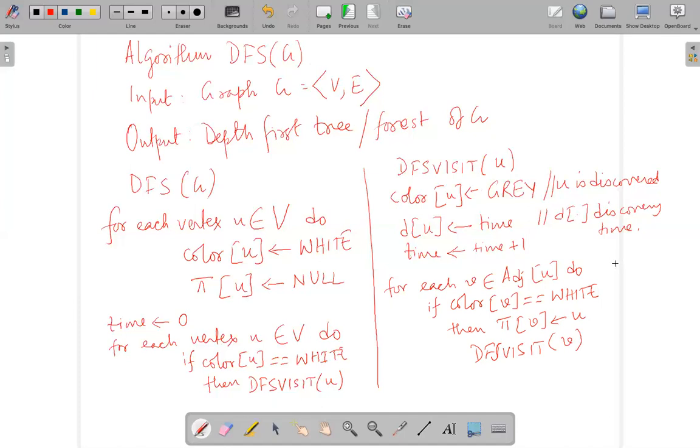So this is where you are exploring the edge UV.